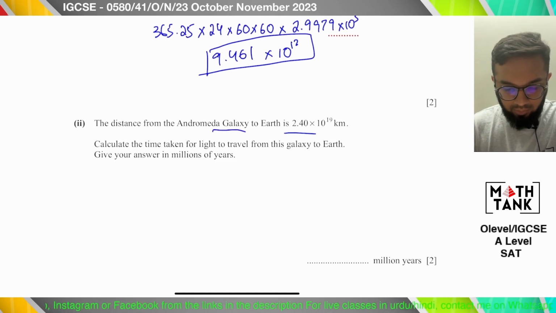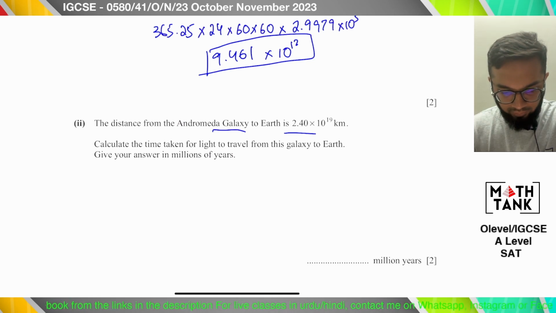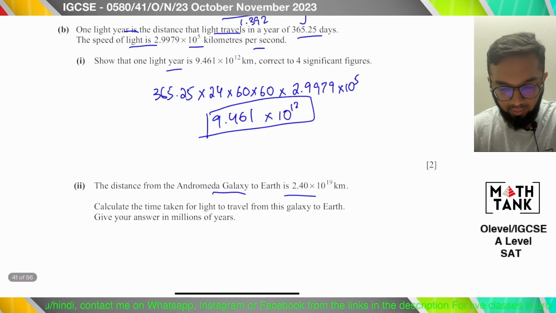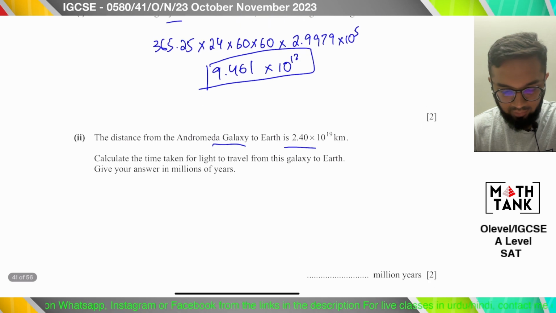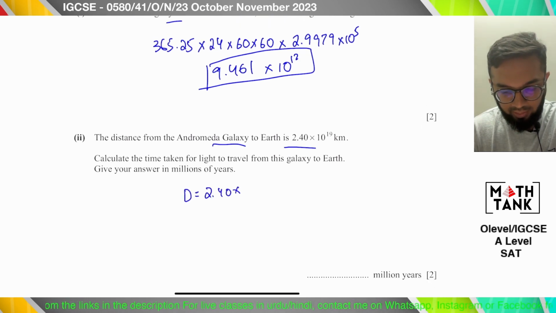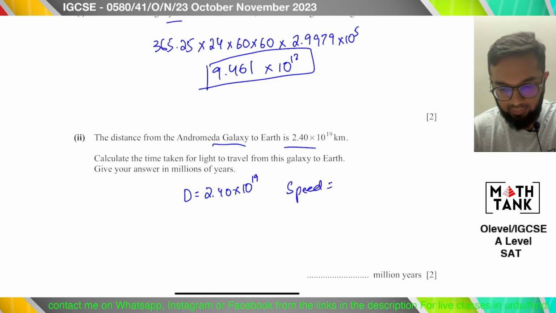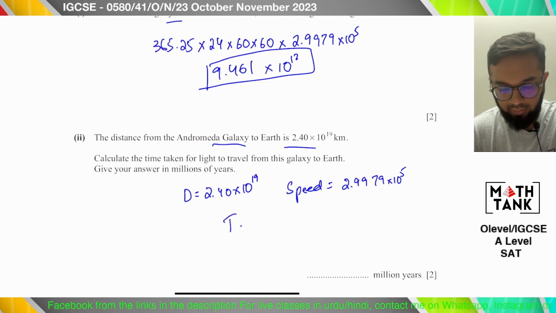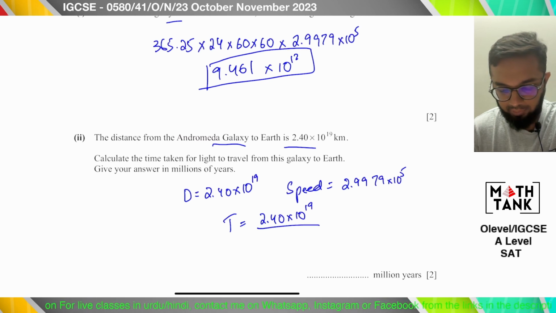The distance from Andromeda galaxy is 2.40 × 10^19. Calculate the time taken for light to travel from this galaxy to Earth. Light also travels in kilometers per second. The distance is 2.40 × 10^19, and the speed of light is 2.9979 × 10^5. The time is distance divided by speed.